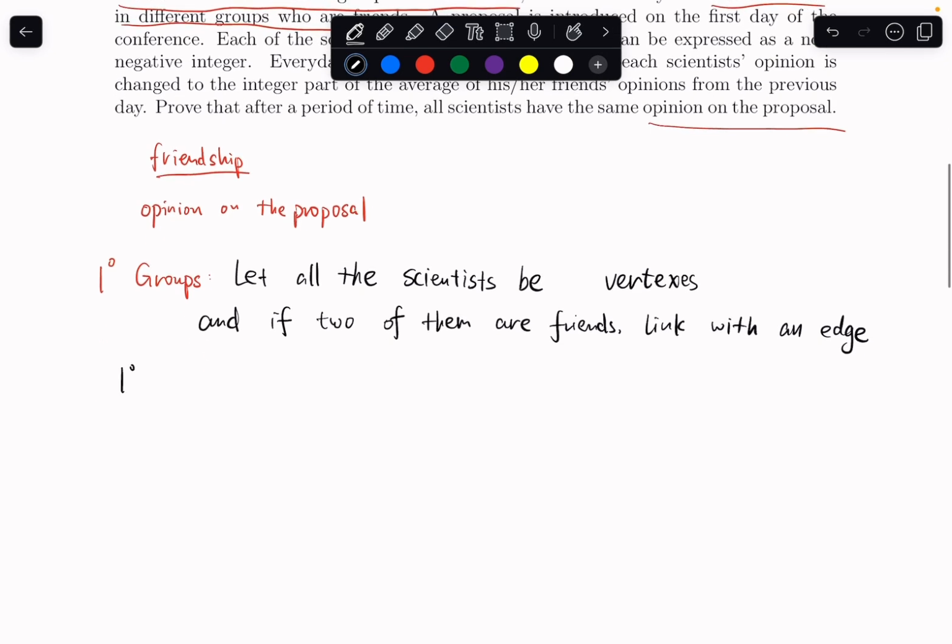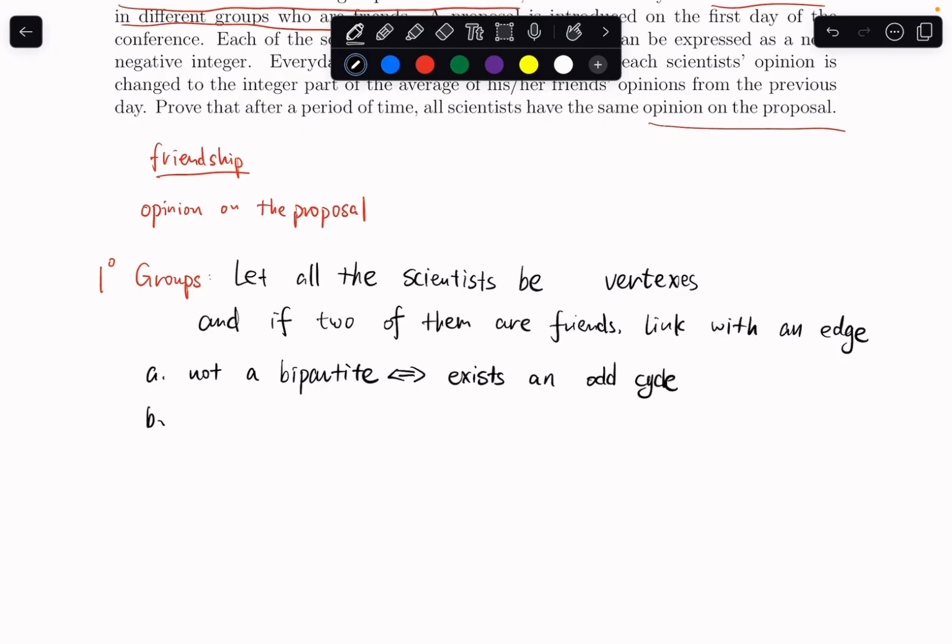At first, the graph is not bipartite, and this is equivalent to there existing an odd cycle.